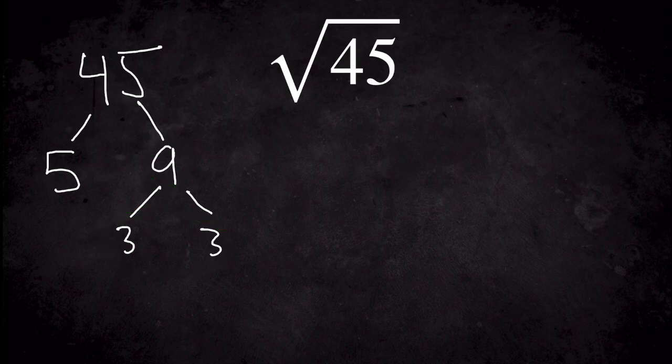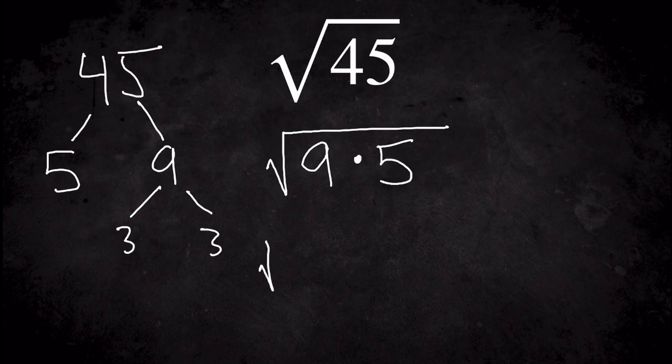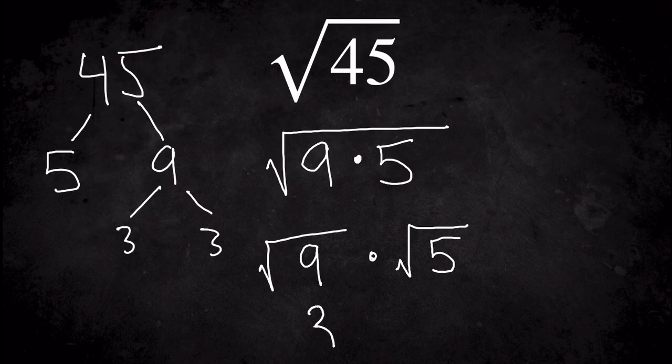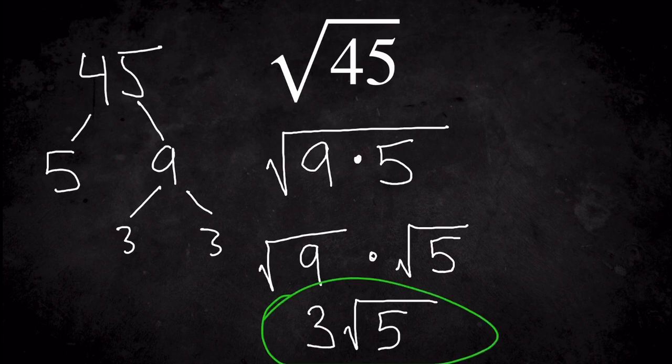So we have the square root of 9 times 5, which is the same as the square root of 9 times the square root of 5. If we simplify this, that is 3 times the square root of 5. And that is our answer.